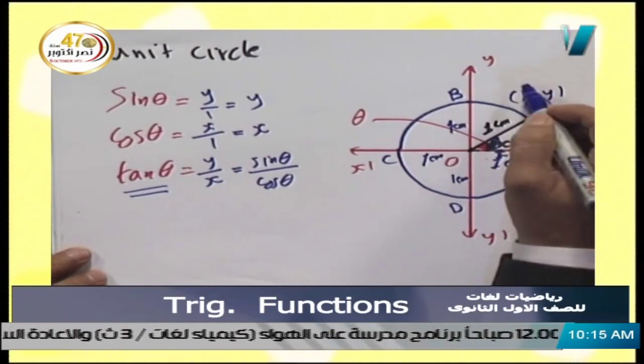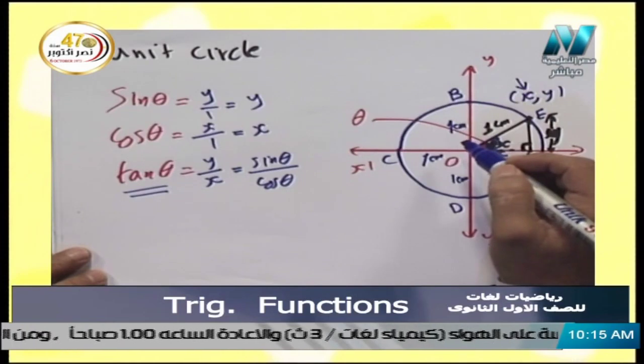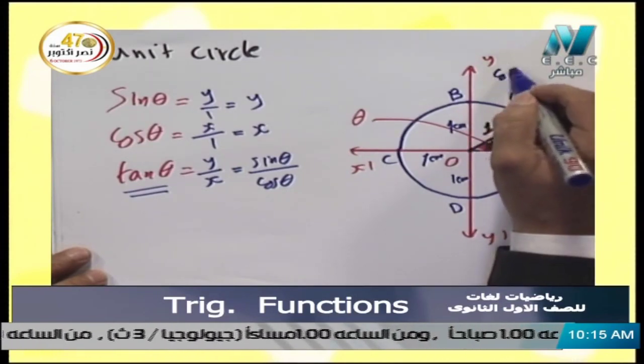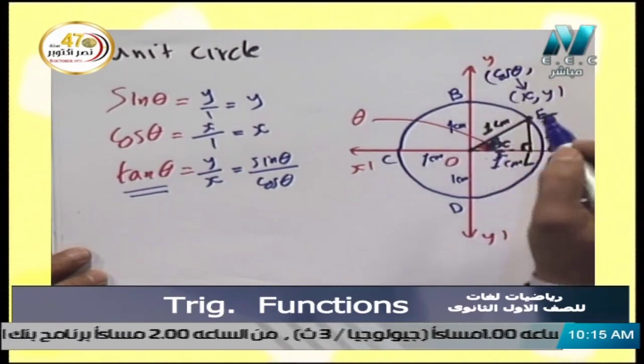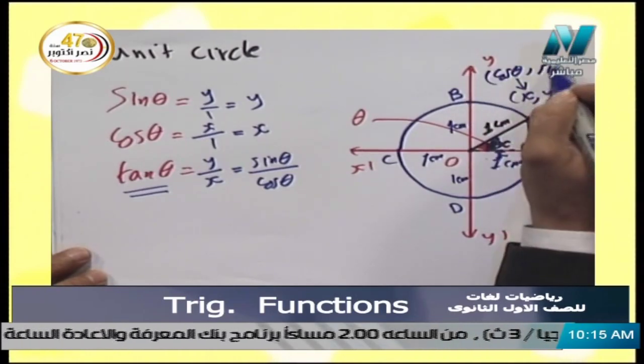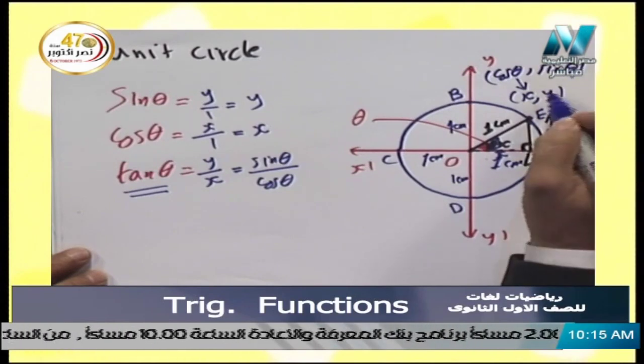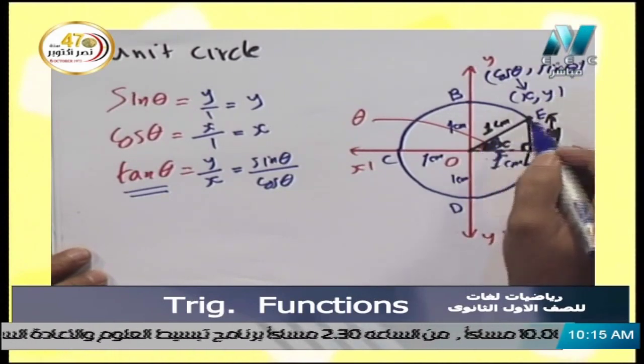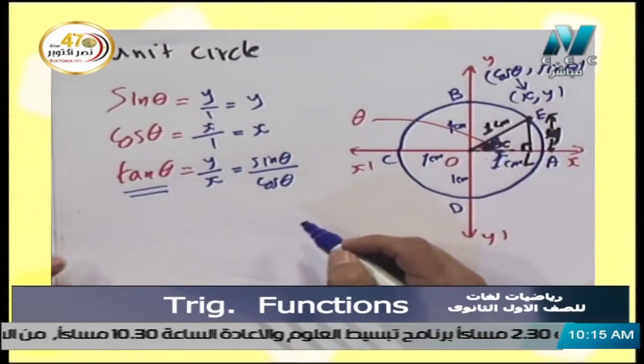So here all the time on the unit circle, x is cosine theta and y is sine theta. What is theta? Theta is the angle EOA.